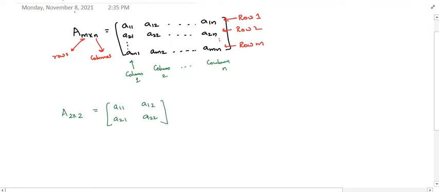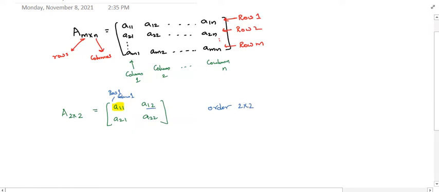It means this element, the element in the first row and first column. That's why both subscripts are 1, 1. Similarly, this element is in the first row but the second column. This is how it works. So we say that A is a matrix of order 2 by 2.